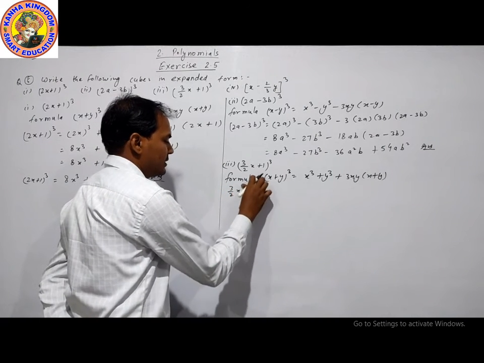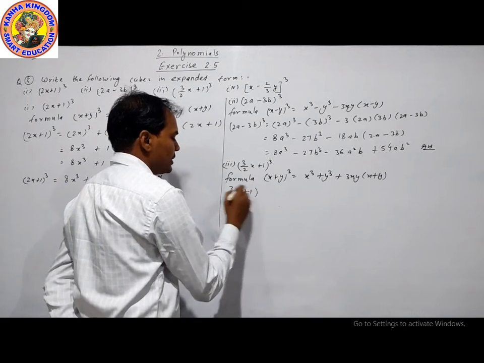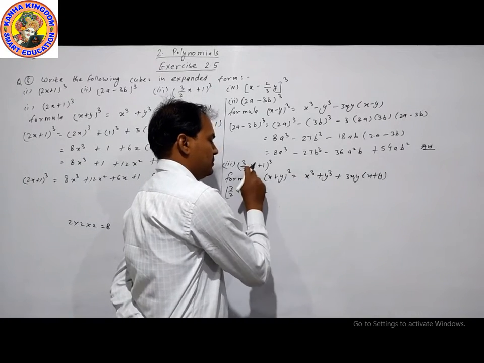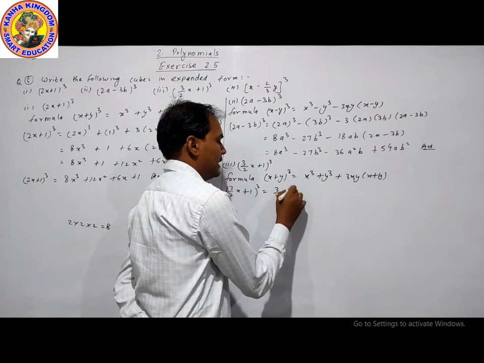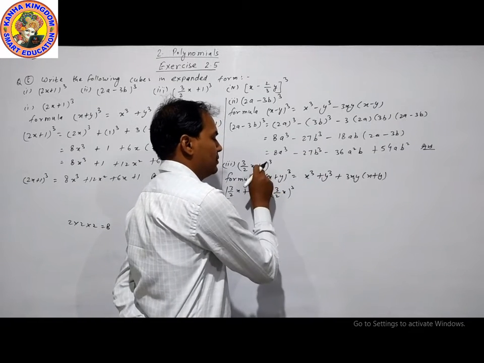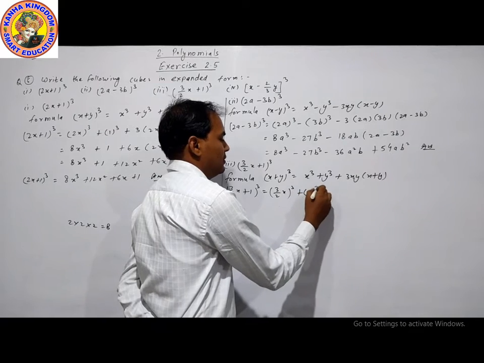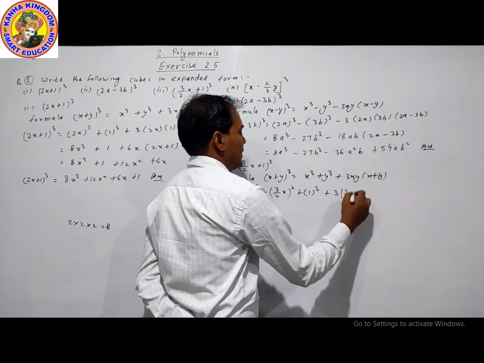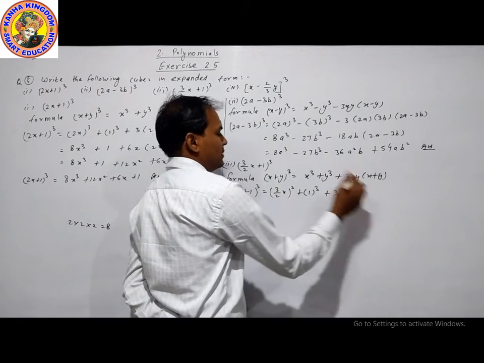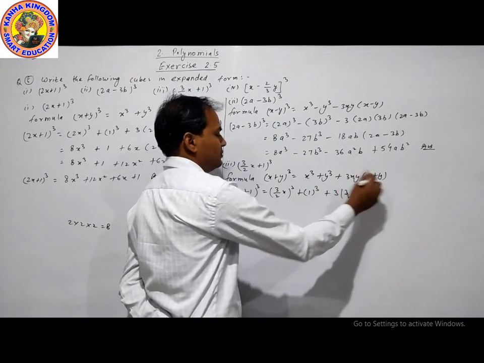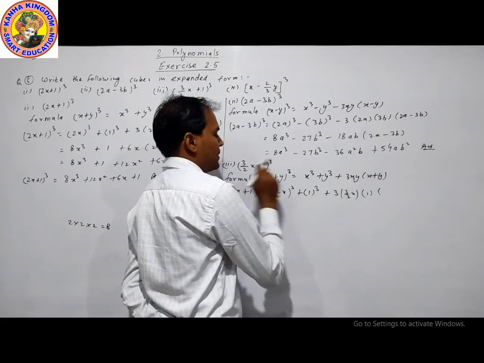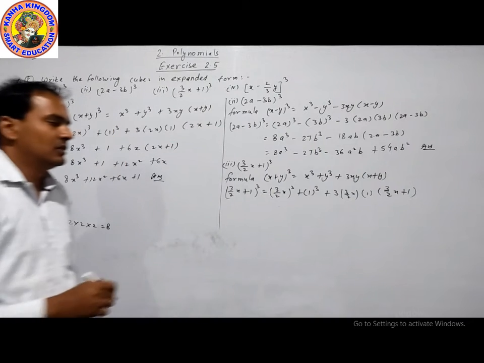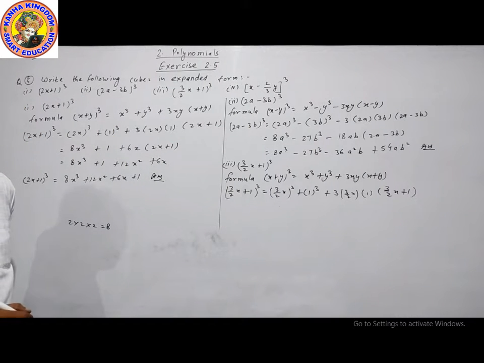So (3 by 2x plus 1) cube: x cube is (3 by 2x) cube, y cube is 1 cube, plus 3 times 3 by 2x times 1 times (3 by 2x plus 1). This is our equation by formula.